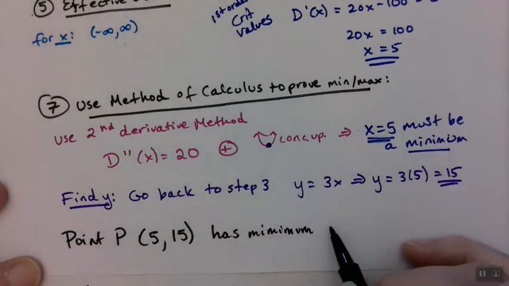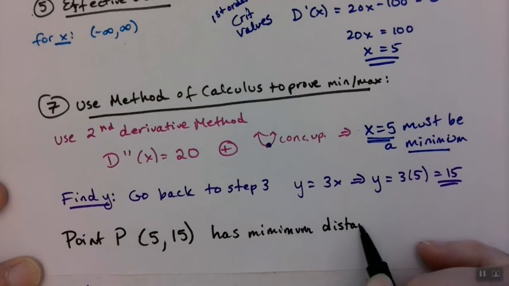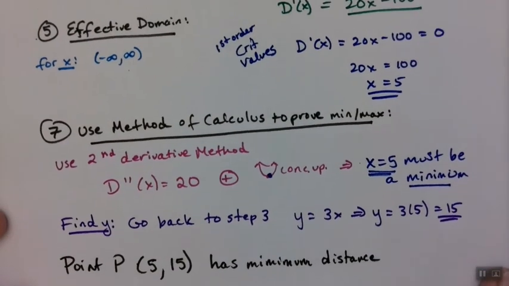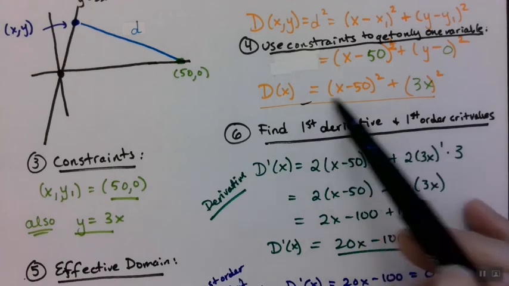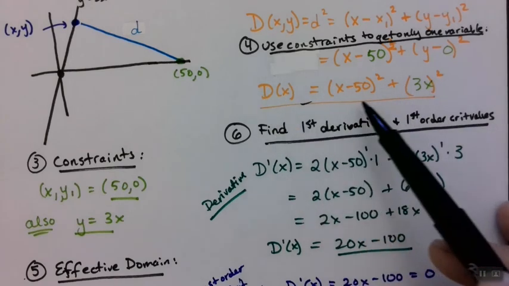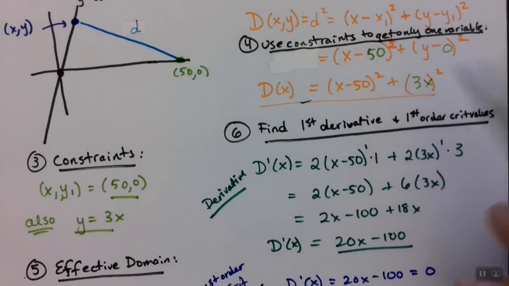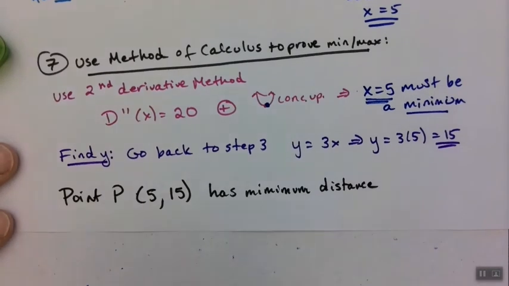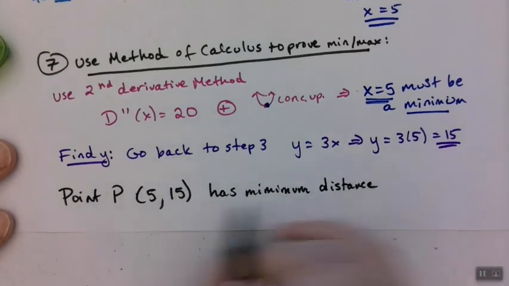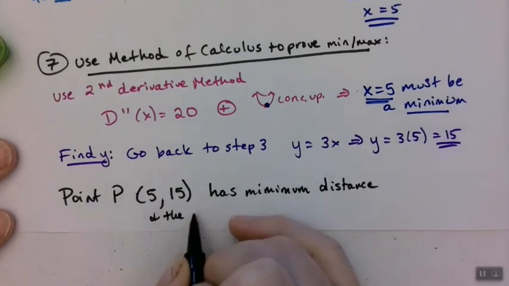Well, the minimum distance would be, we would have to go back and find distance using this function right here. But remember, this is distance squared. So we would take the square root of this. So that minimum distance itself, we would take the point 5 and 15 and plug them back in.